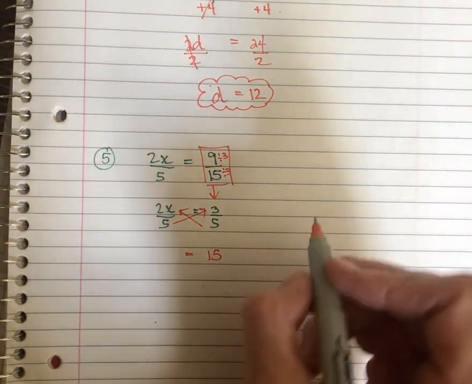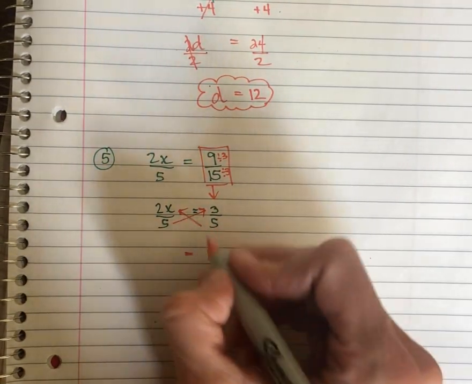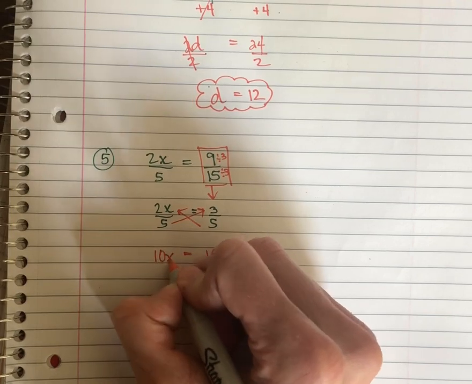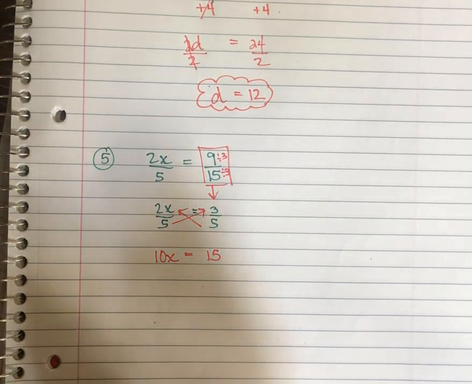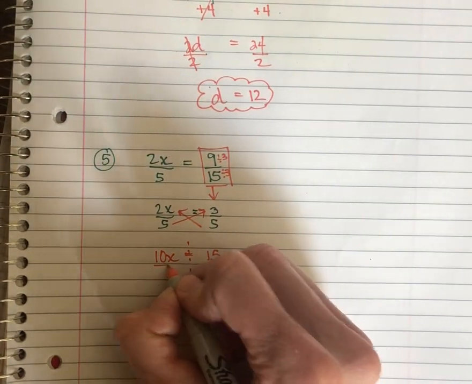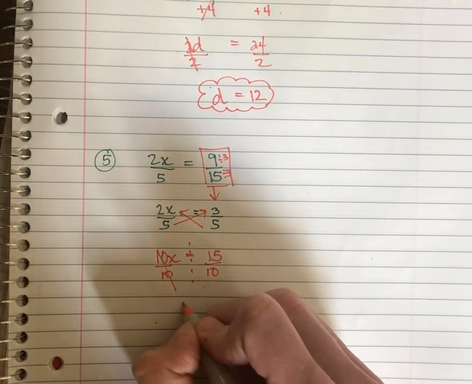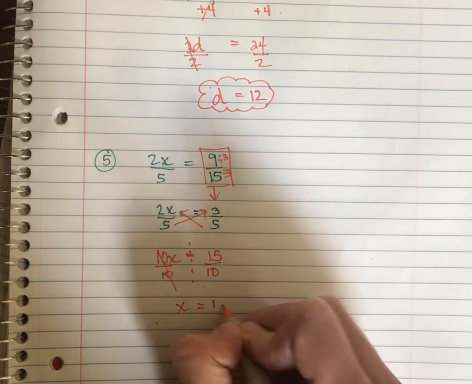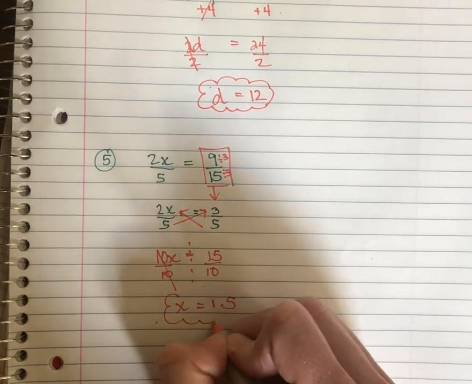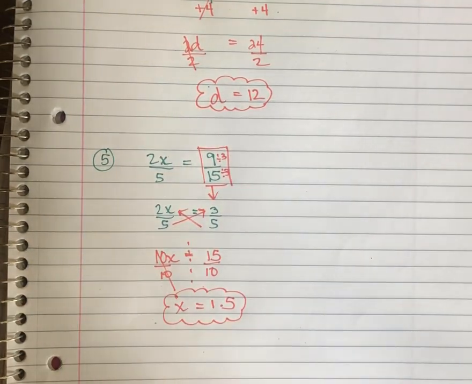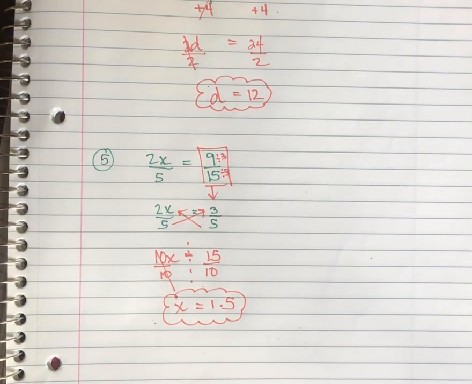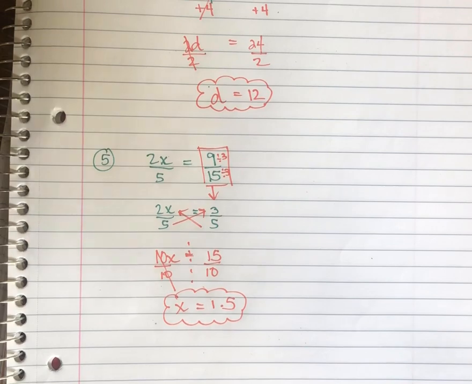And 5 times 2x is 10x. Then to solve our equation, we divide by 10, we divide by 10, 15 divided by 10 is 1.5. Okay, I hope that helped. That's it for 14.4.